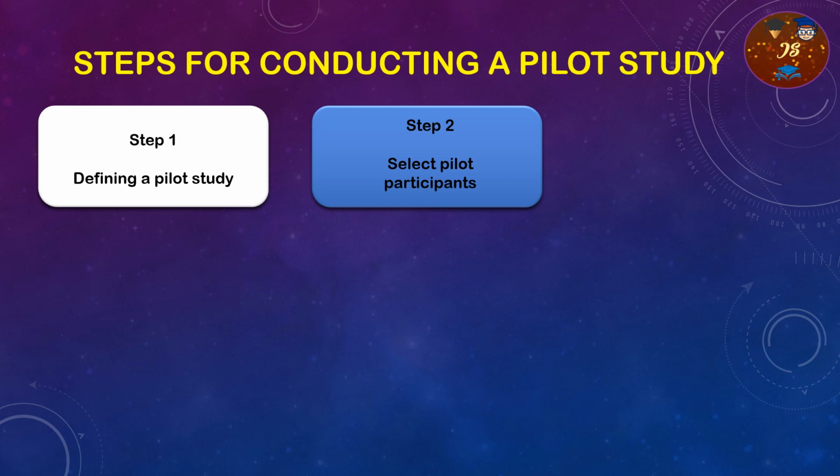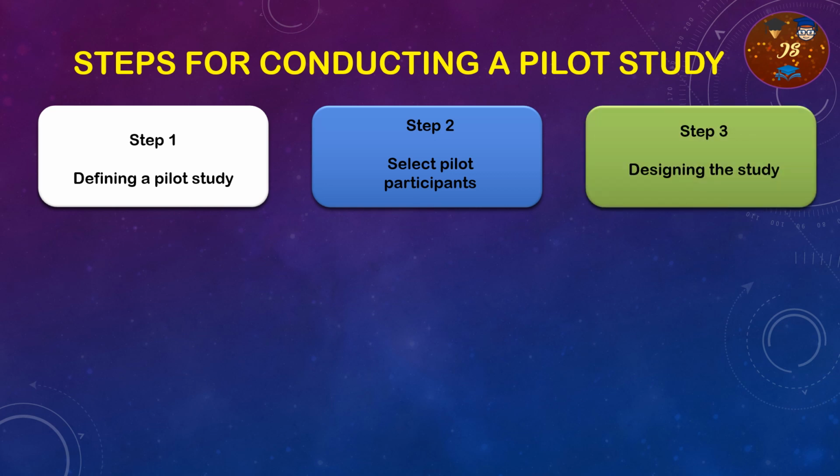From the whole target population, some persons will be chosen who will participate in the pilot study. Next, designing the study. The materials, the methods, the steps of the methods or any other methods chosen for the study should be included in the pilot study to look after the feasibility of those processes.